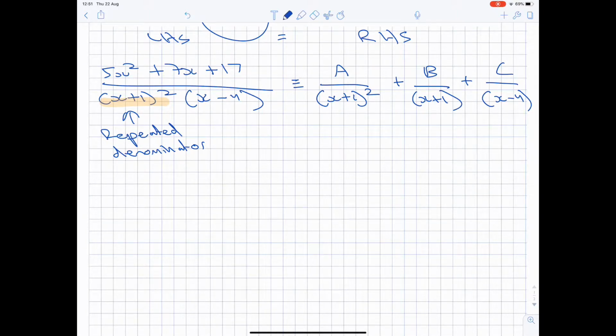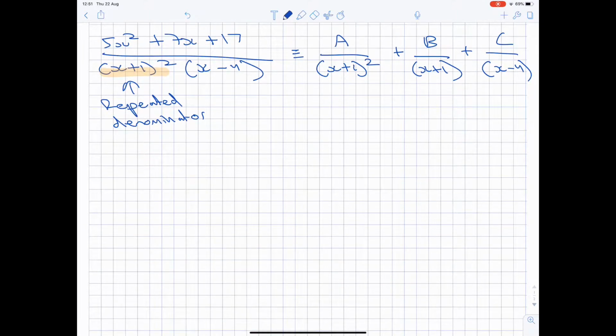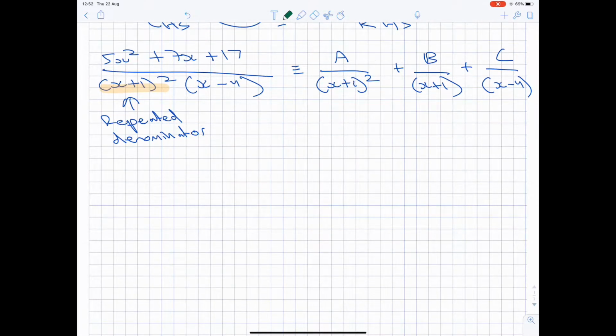So next part to answering this question. What we need to realise now is, what we want to do is we want to times the denominator by both sides. So we're going to times x plus 1 squared, x minus 4, that's the whole denominator, by both sides.